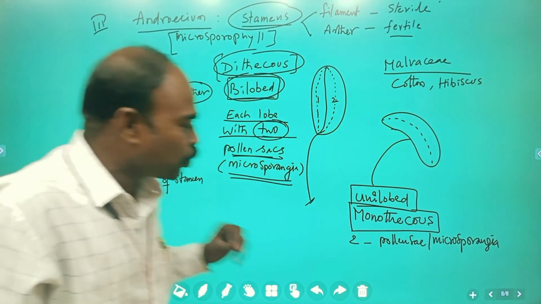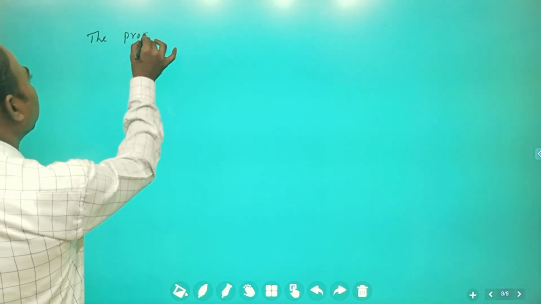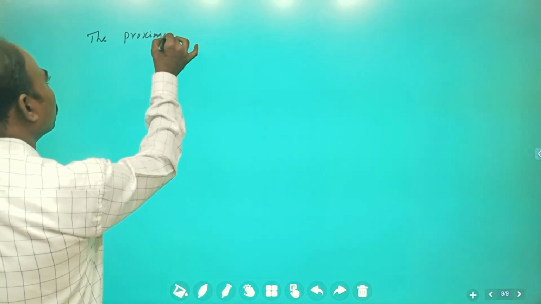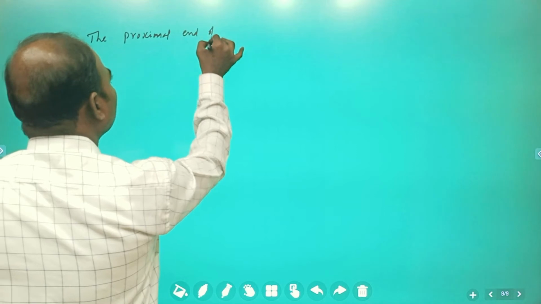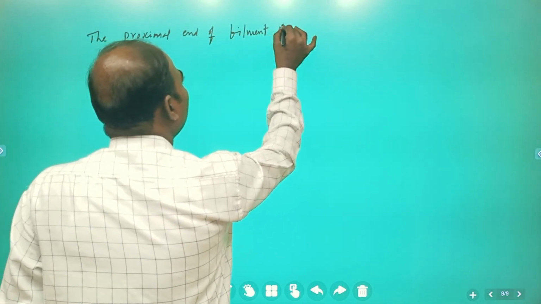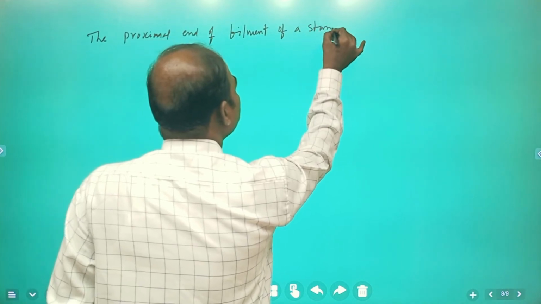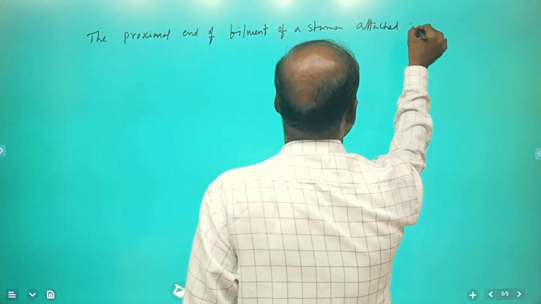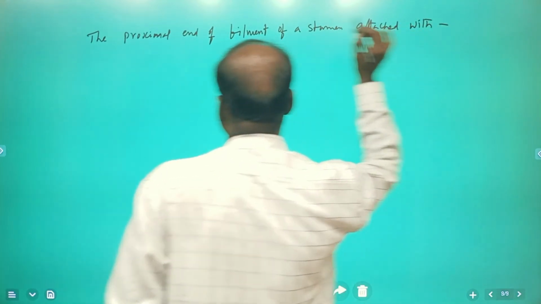In one NEET examination, one question was asked: the proximal end of the filament of a stamen is attached with dash.